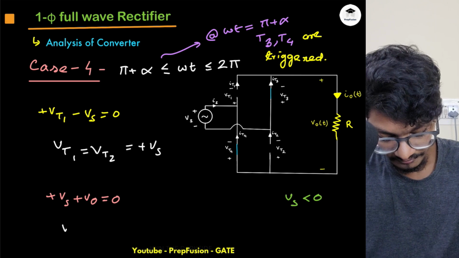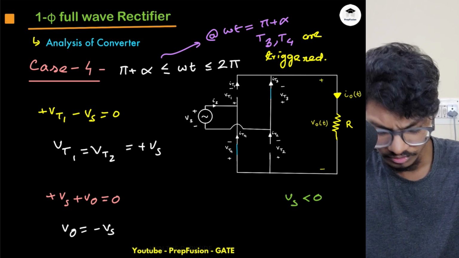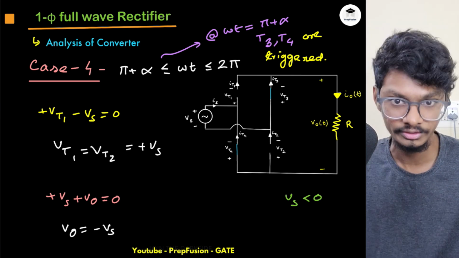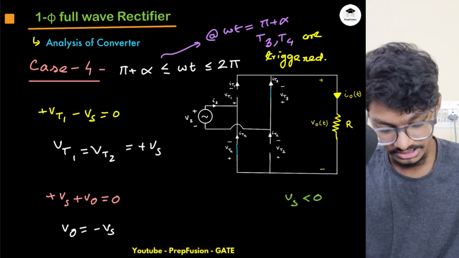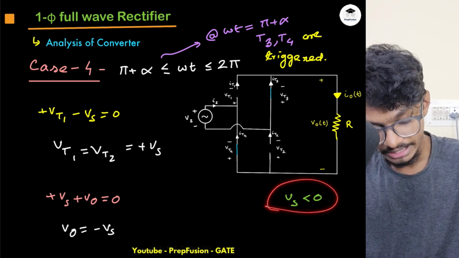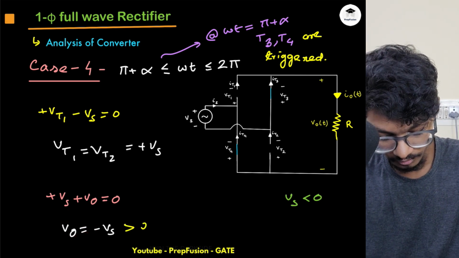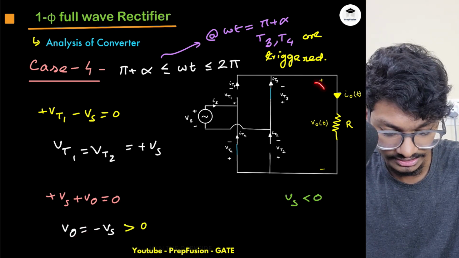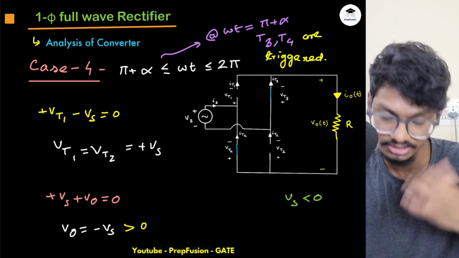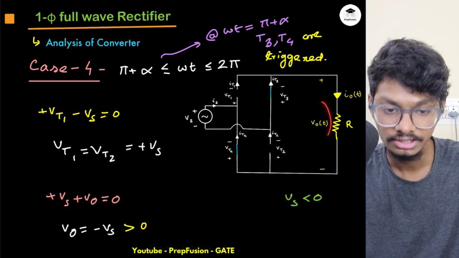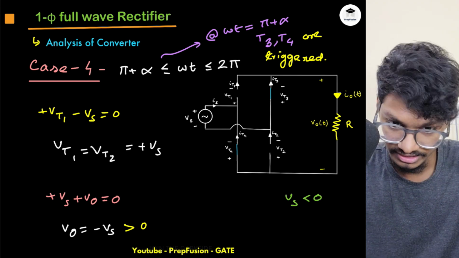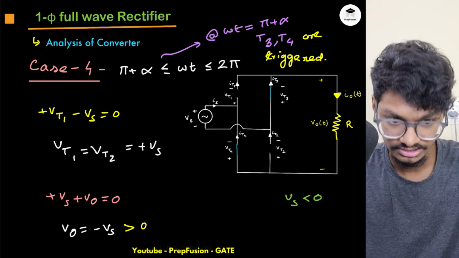So this time my VO is equal to minus Vs. You will say, sir, how is negative voltage coming? Current cannot flow in reverse direction. But the interesting fact is my Vs is less than 0. As my Vs is less than 0, this VO overall becomes positive. Hence current is still in this direction only. So everything is fine. Current can flow in this direction.